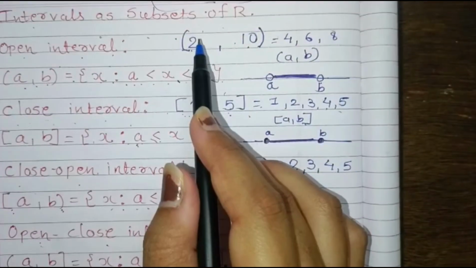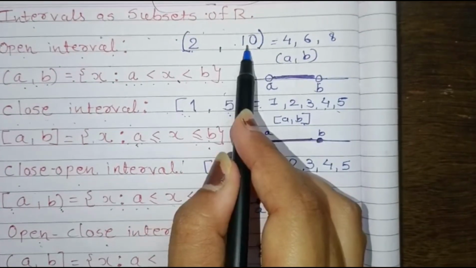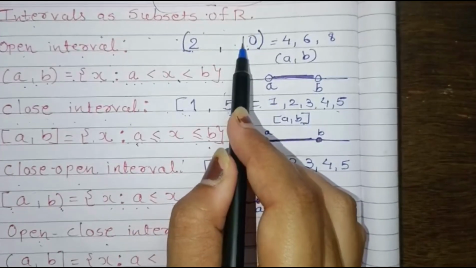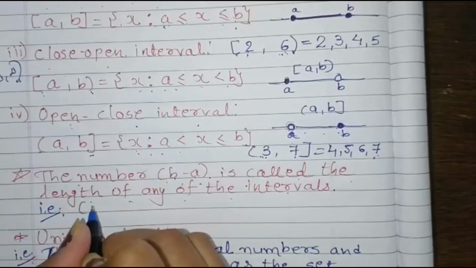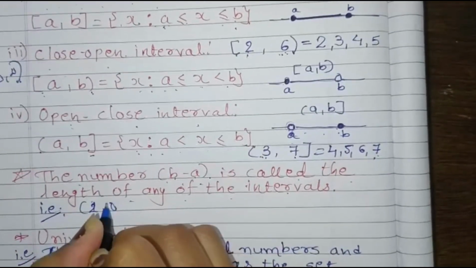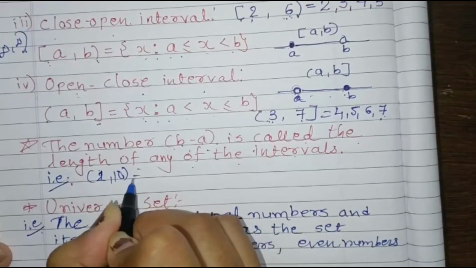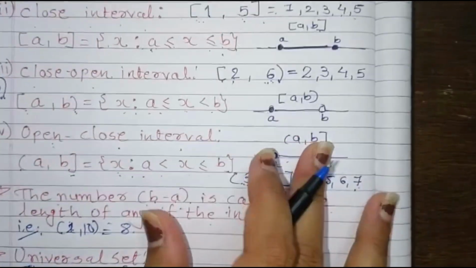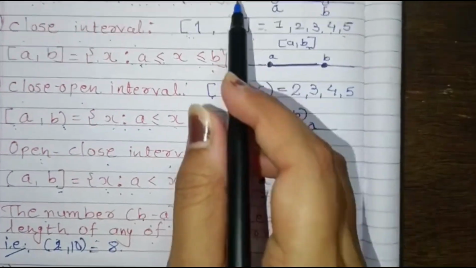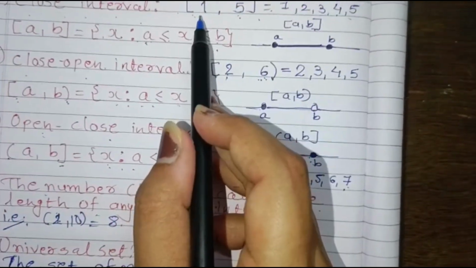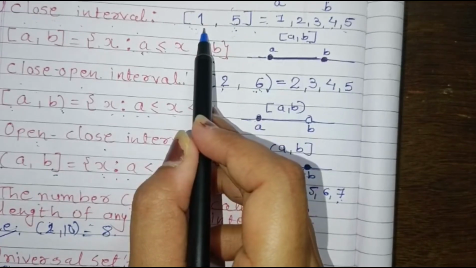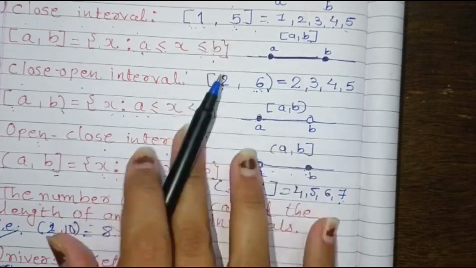Again, we are taking some examples right now. First of all, if we have to find the length of this interval, then b minus a, which means 10 minus 2, it's 8. The length of this interval is 8. Next is 1 and 5. 5 minus 1 is 4.